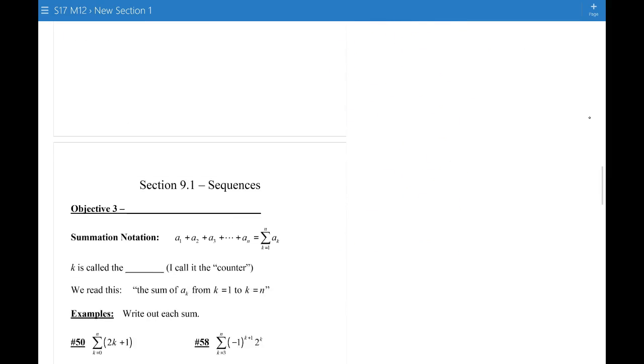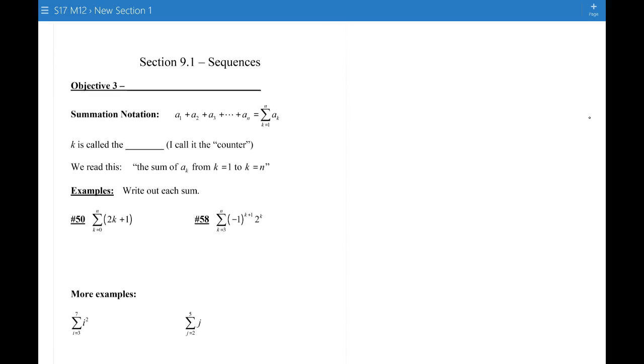Okay, then we're going to skip objective 2 and go on down to objective 3, where we're going to use summation notation. And this is just an introduction, but I can guarantee you that it will come up again if you're going to take calculus. We're talking about it in the Calc 1 class I'm working in. We talk about it a lot in Calc 2.